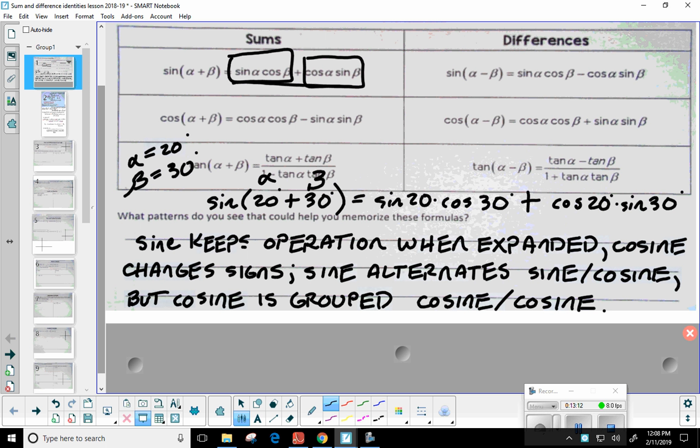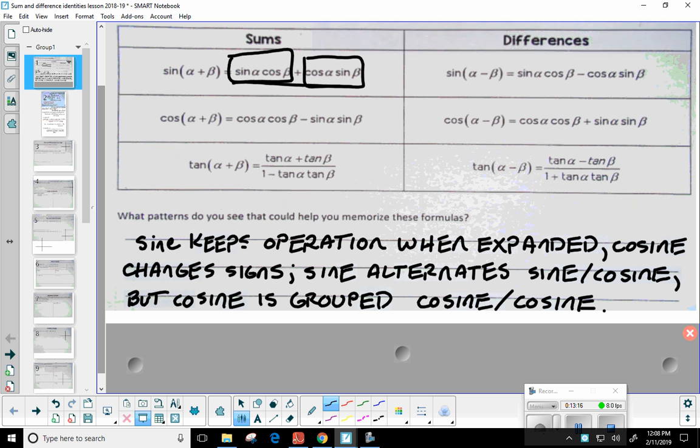Now, if I were to give you something like cosine, and let's do a difference. Let's say 70 minus 30. This first one is always alpha. The second one is always what? Beta. Since I have cosine of a difference, I want to make sure to use this formula.